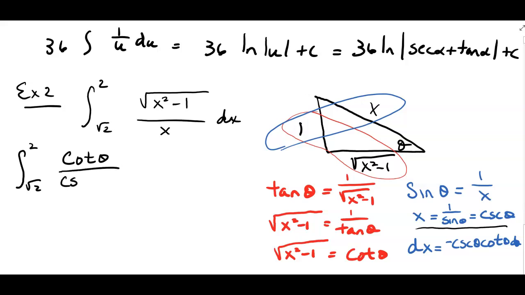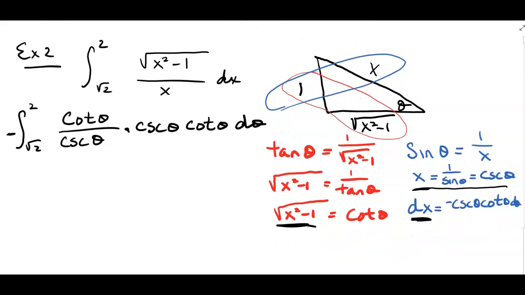So let's go ahead and do that. Cosecant theta, times, I'm going to move the negative out front so we don't need to worry about it, cosecant theta cotan theta d theta. All right, so we've gotten rid of everything that has an x and we turned it into trig functions by using what x equals, what dx equals, and what the radical equals, which we will always get from our trig ratios.